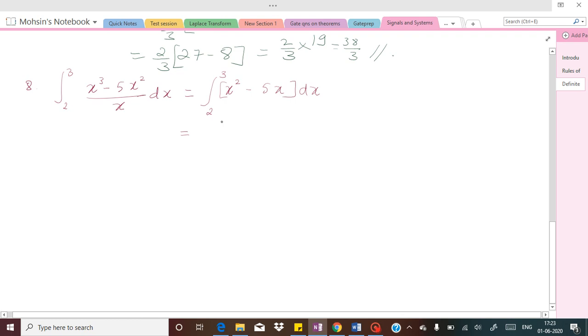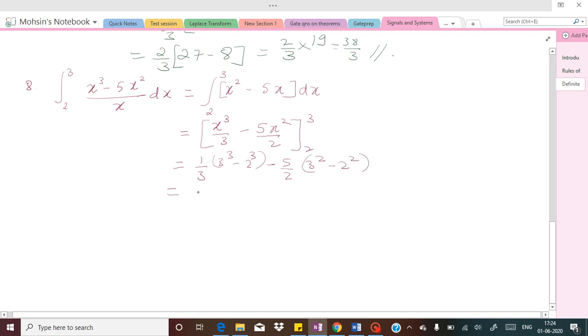So integration of x square is x cube by 3, minus 5x will become 5x square by 2, under the limits 2 to 3. So 1 divided by 3, substituting the limits of x here, 3 raised to 3 minus 2 raised to 3, minus 5 by 2 times x square, so here 3 raised to 2 minus 2 raised to 2.